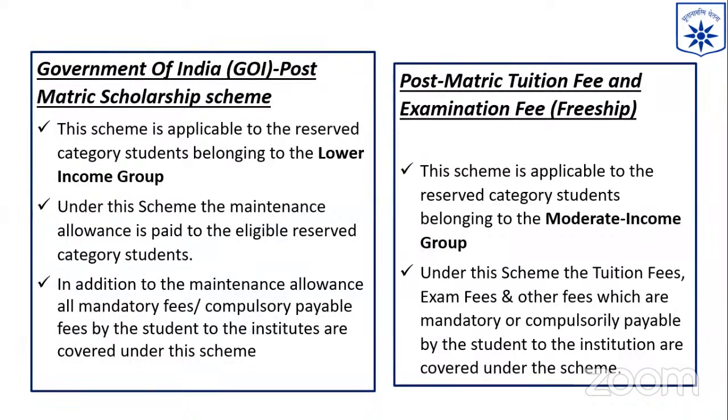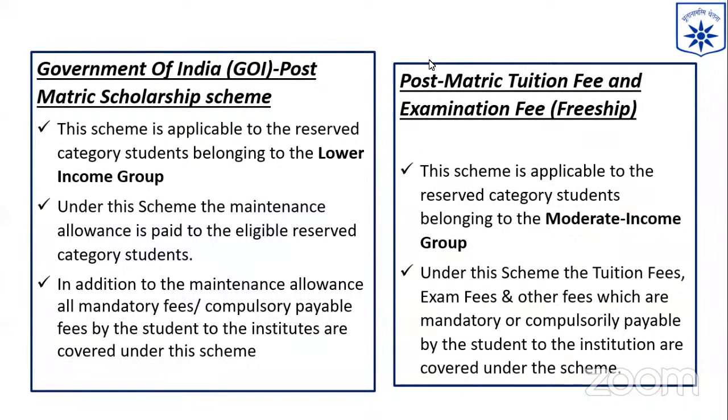Whereas the freeship scheme is called post-matric tuition fees and examination fees, commonly called the freeship scheme. This scheme is applicable to reserved category students who have moderate income. Under this scheme, no maintenance allowance is provided, but the mandatory fees are covered. So that is the difference between scholarship and freeship.